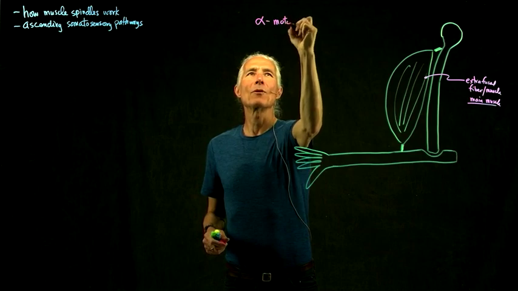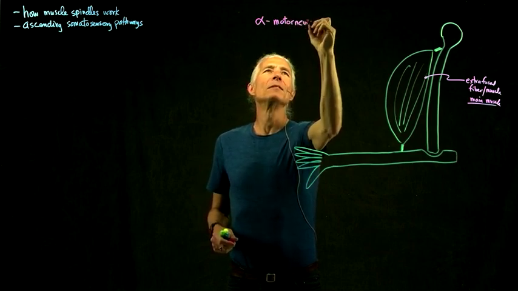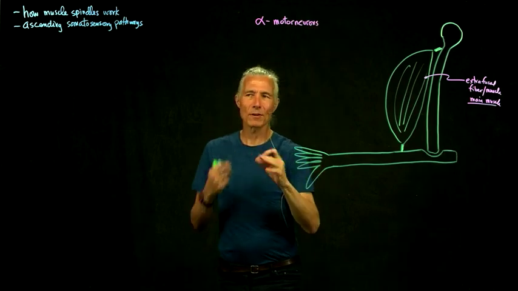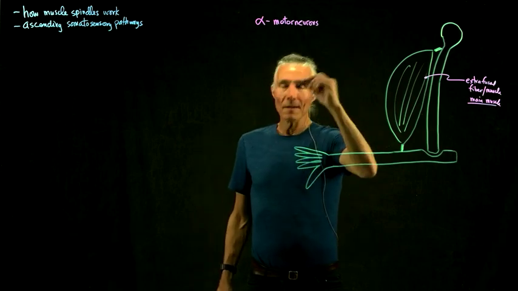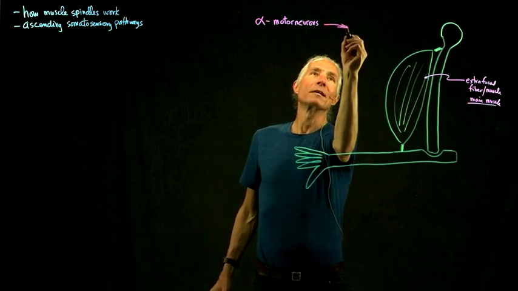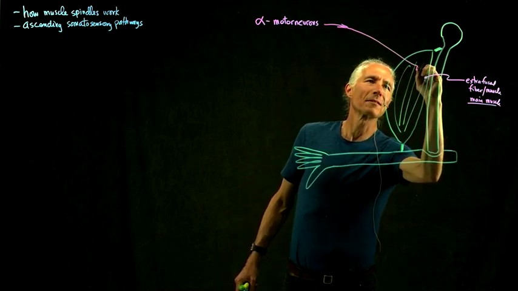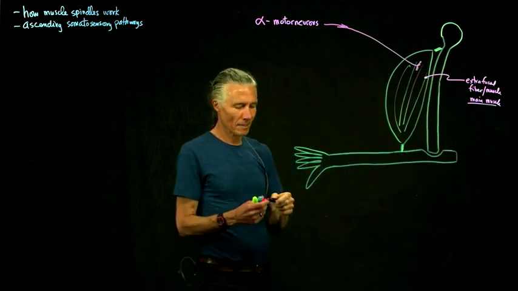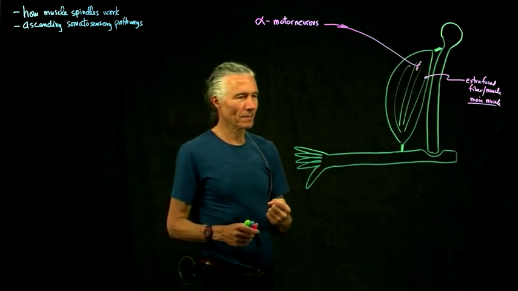Sometimes they say moto, sometimes motor, doesn't matter. Those are the big neurons in the spinal cord that come out of the bottom of the spinal cord, and they go and synapse on the extrafusal muscle. So they make these giant end plate synapses, and that causes the muscle to spike. And when the muscle spikes, then it contracts.